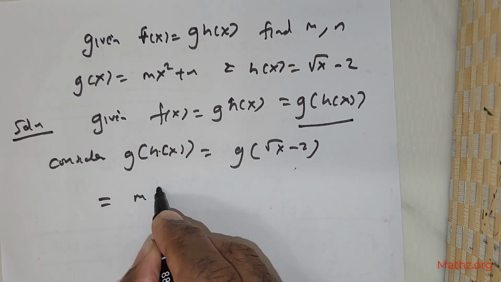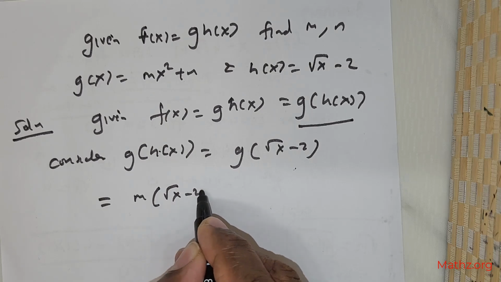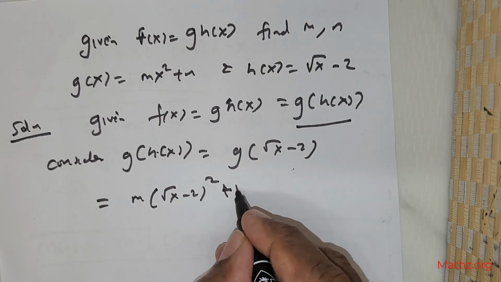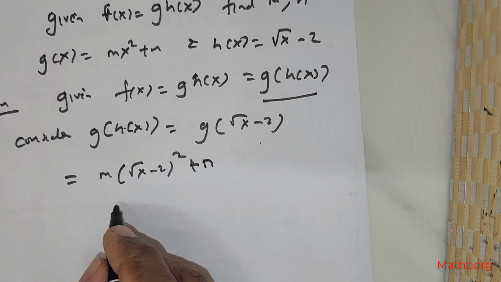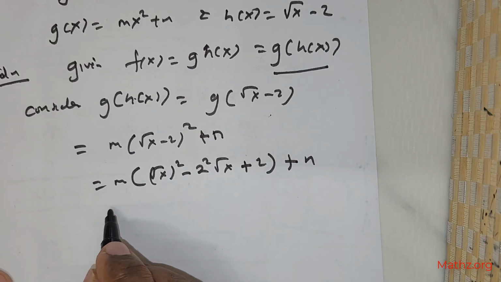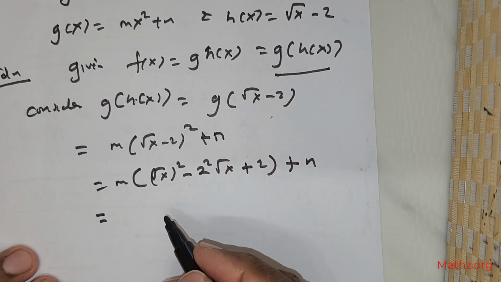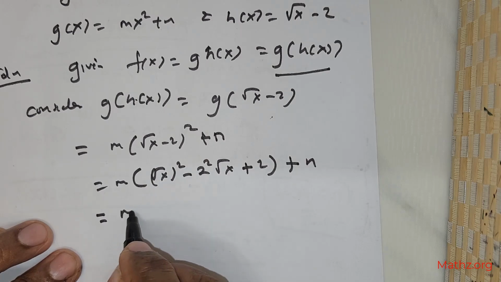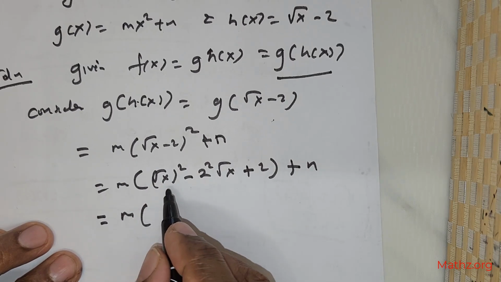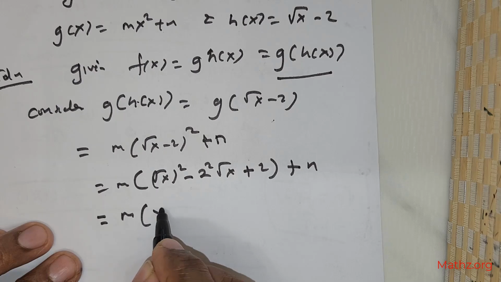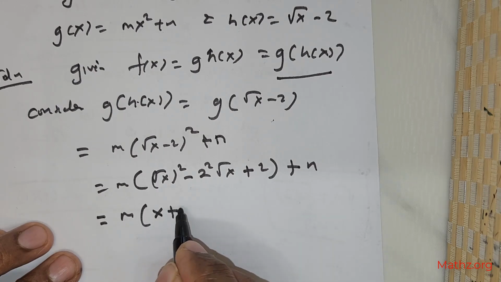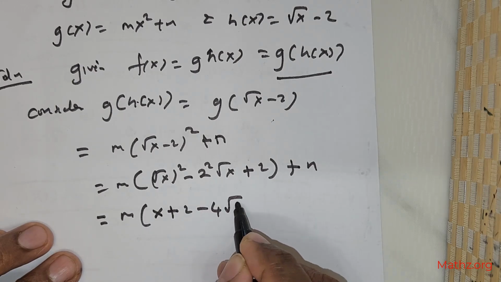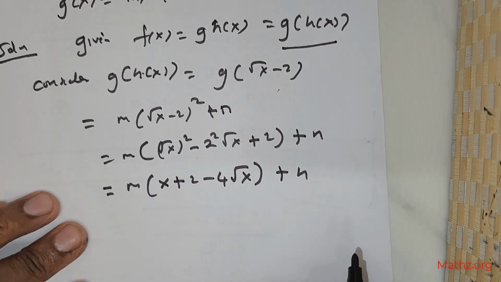So this is equal to m times root of x negative 2 the whole squared, positive n. You square this, positive n. So this is equal to m times, square root of x squared is going to be x there, and you have positive 2 there, negative 4 times root of x, positive n. So this is what you have got.